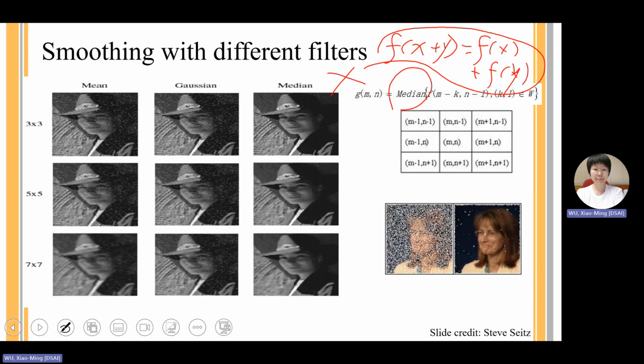What is a median filter? Let's consider a simple case: 1, 2, 3. Say we have only 3 elements. Then the median filter should return 2, because 2 is the median among the 3 numbers.